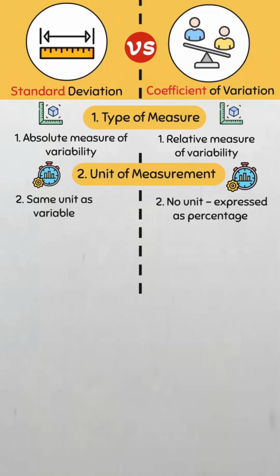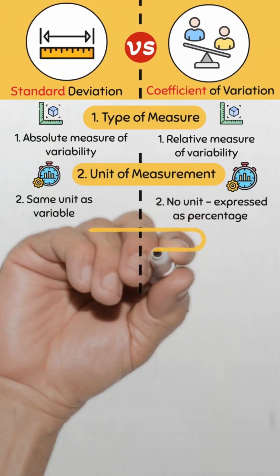So let's say you're comparing the variability of blood pressure measured in millimeters of mercury and cholesterol level measured in milligrams per dL. Standard deviation gives you the numbers in different units, thus making it difficult to compare. But the CV converts both to percentages, so you can compare them directly.